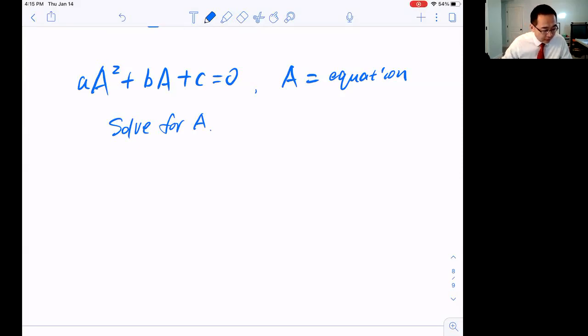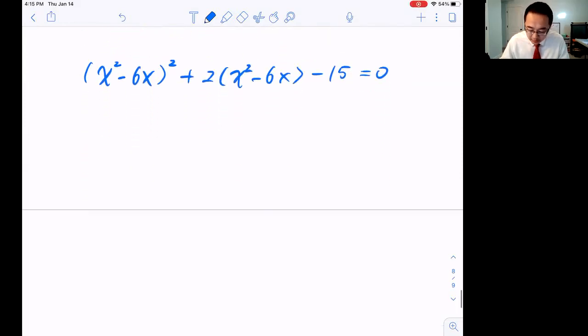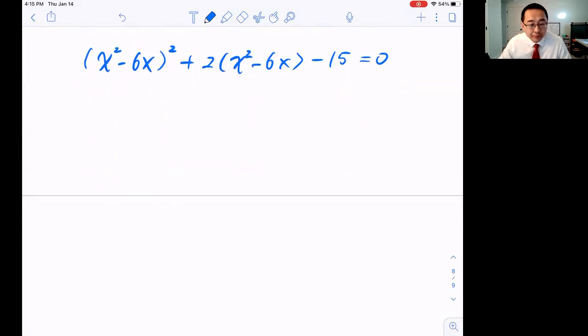Okay, let me give you an example of what I mean. Okay, so let's say we have x squared minus 6x, then squared again, plus 2 times x squared minus 6x minus 15 equals 0. Then I'm asking you to solve for x, okay?